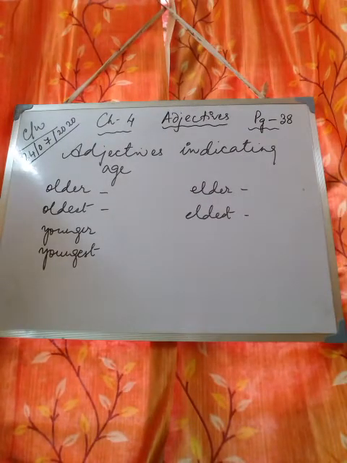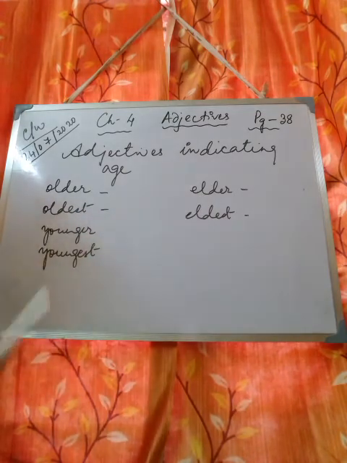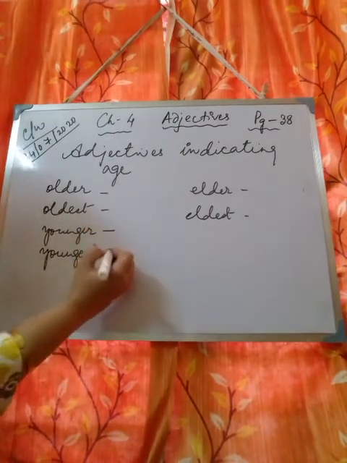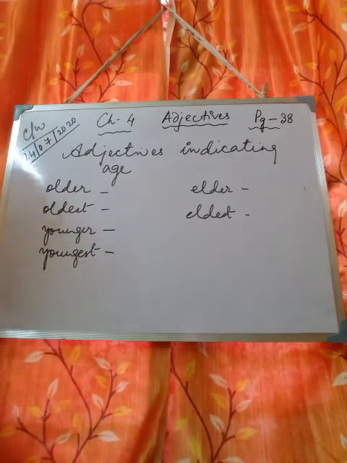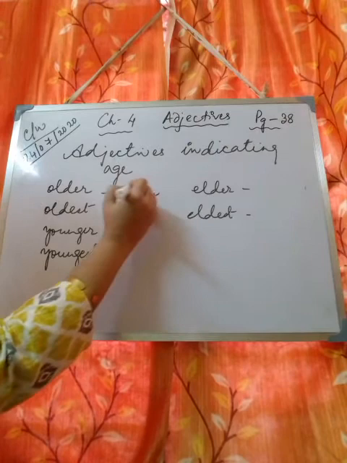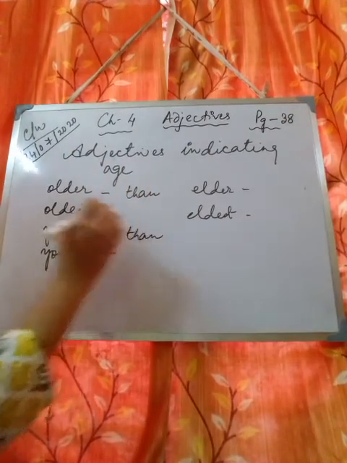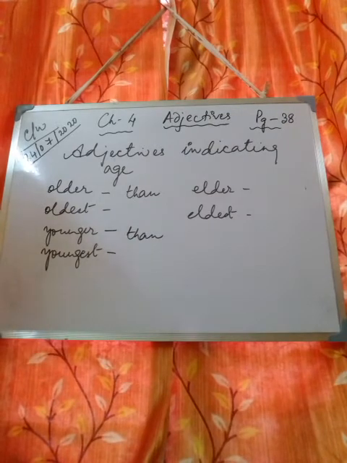Adjectives that indicate age are older, oldest, elder, eldest, younger, youngest. These are usually used in order to indicate age of the noun. Remember, after older we use than, after younger we use than, because these are in the comparative degrees.